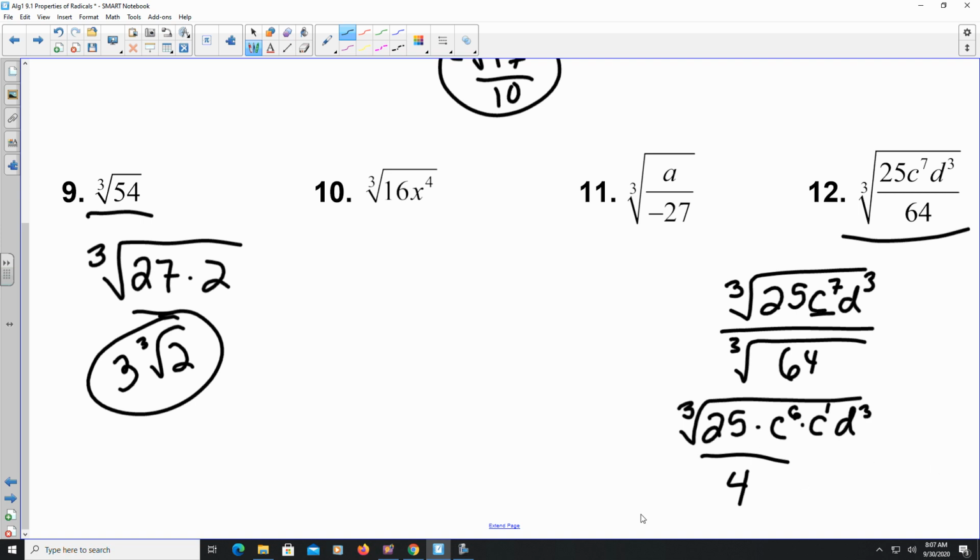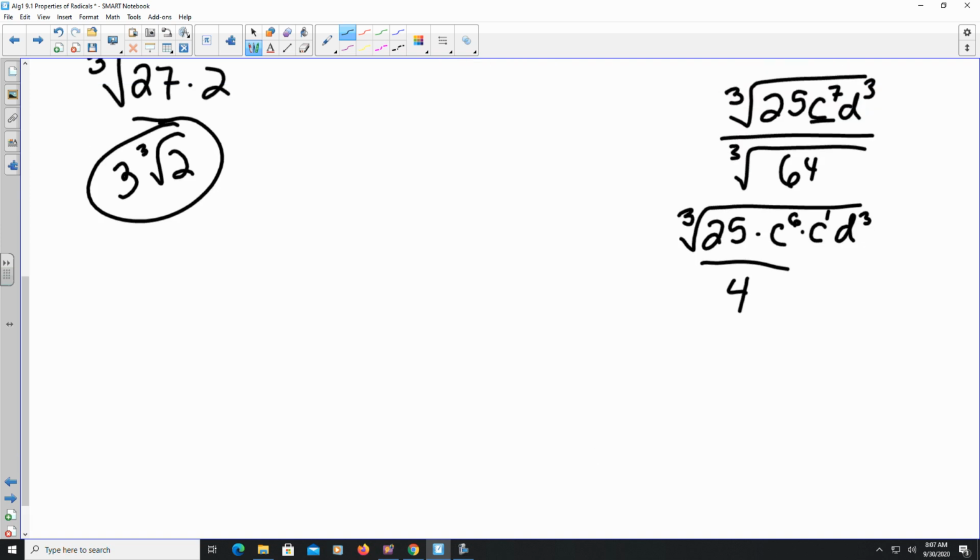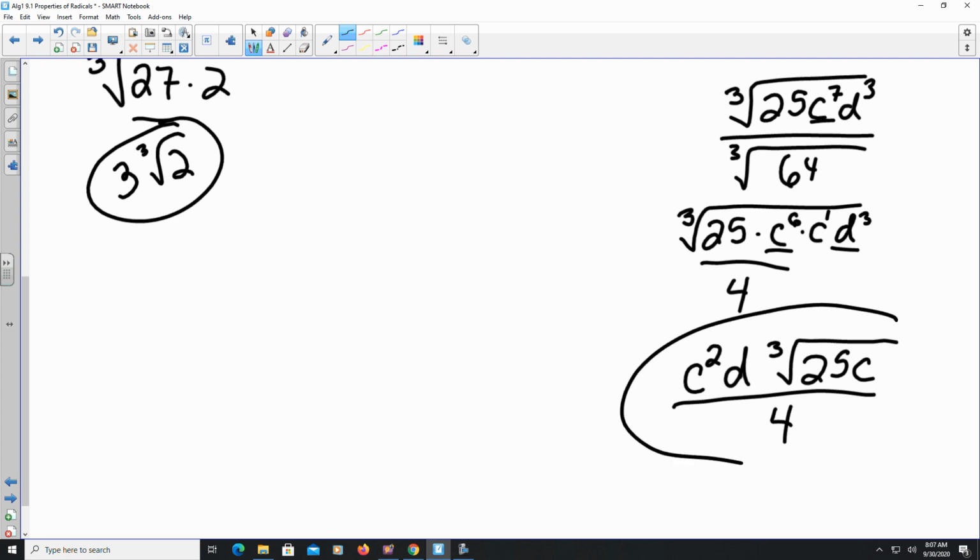So my simplified expression here will be these two values taken out of this radical. 6 divided by 3 is 2, so I got c squared on the outside. 3 divided by 3 is 1, so it's d to the 1st, so I'm just going to write it as d. And what's left over inside the radical of this numerator is 25c, and it's all divided by 4. Okay?